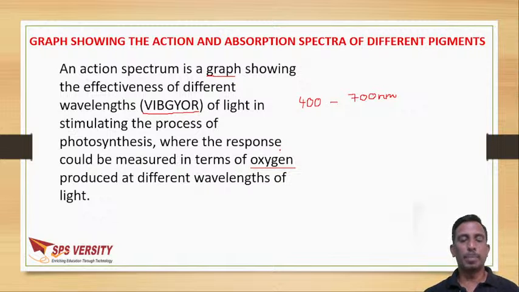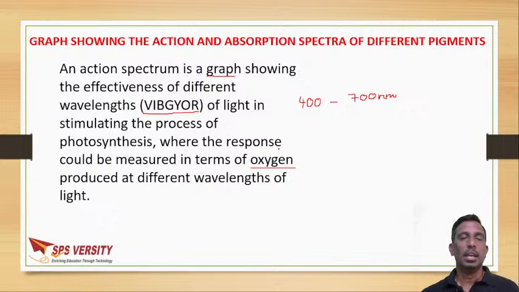So action spectrum is a graph which shows the effectiveness of wavelengths of light, that is the rate of photosynthesis at different wavelengths of light, which is not a direct measure. It is measured in terms of oxygen release. The more the oxygen release, the more the photosynthesis.